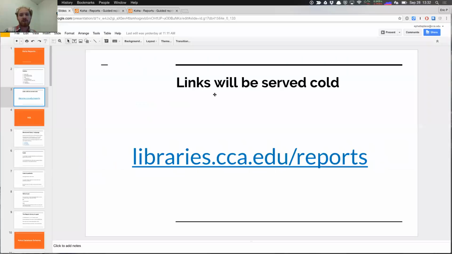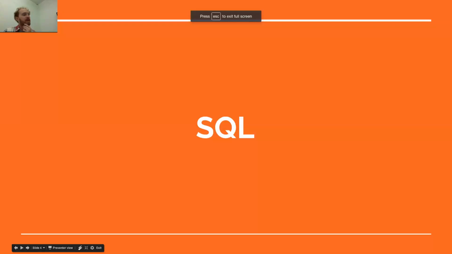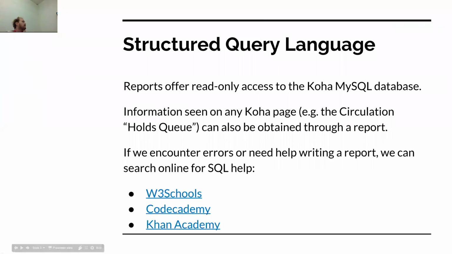So the first section is SQL, which stands for Structured Query Language. It's a very old, historic way of getting information out of databases. Reports are very raw, read-only access to the Koha database.